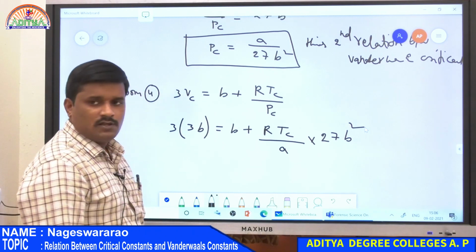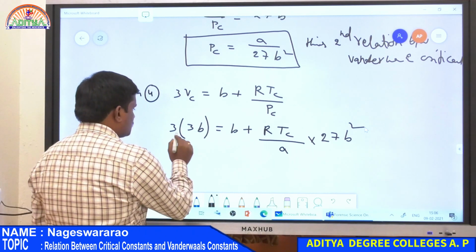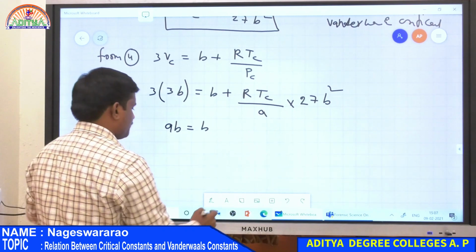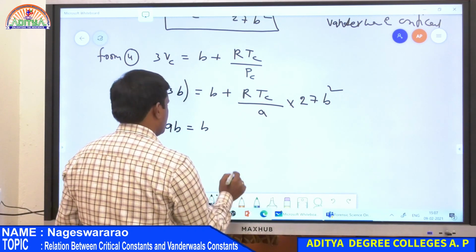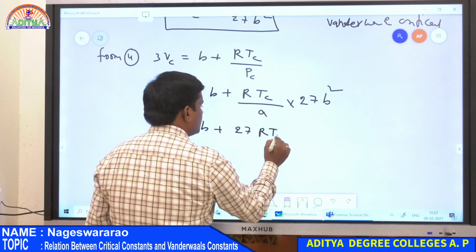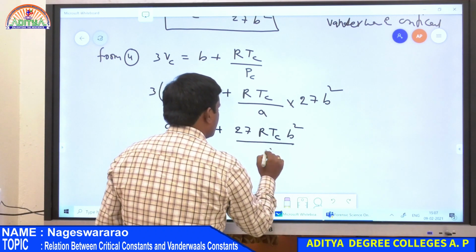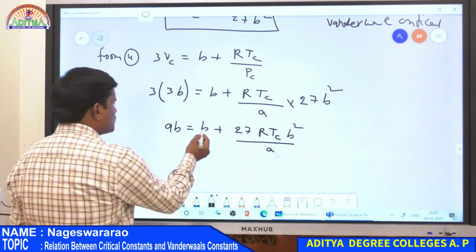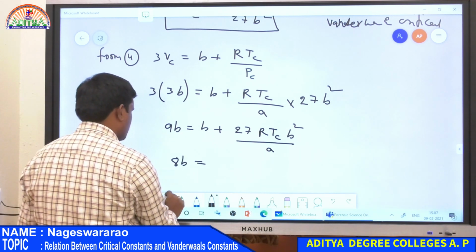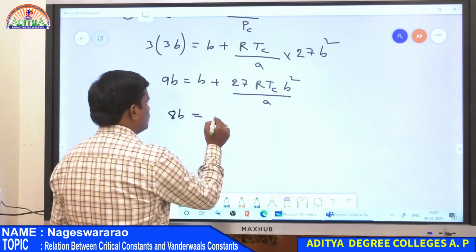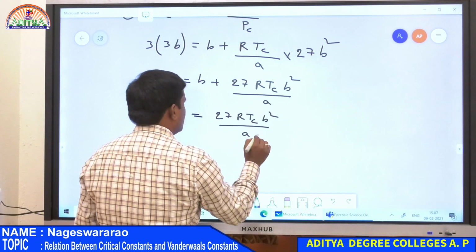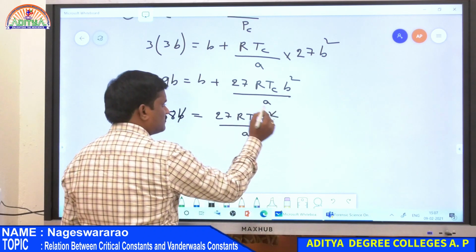So 3 into 3 is 9B, that is equal to B plus 27 RTc into B square divided by A. And then taking this term to the left hand side, 9B minus B, this is simply 8B, that is equal to 27 RTc B square divided by A. So here B and B square both get cancelled.